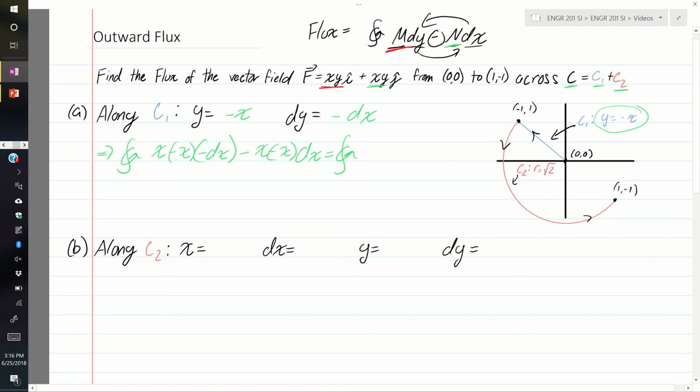It will have x squared minus x squared times dx, which equals the integral of 0 dx.